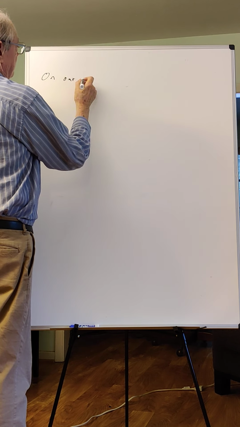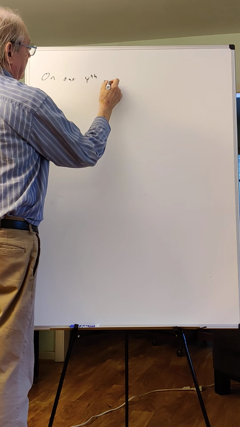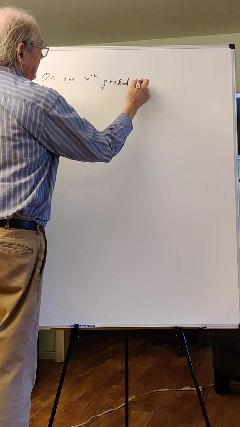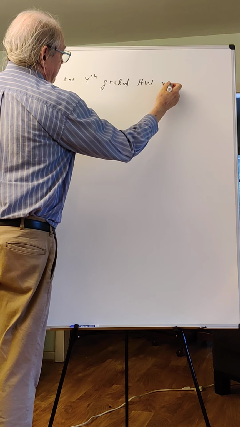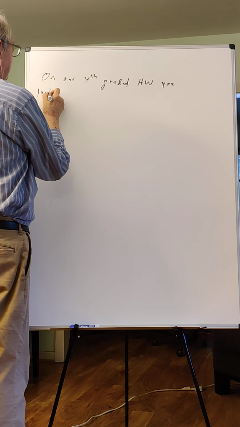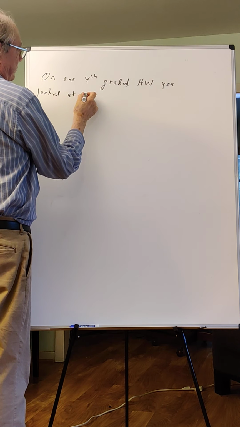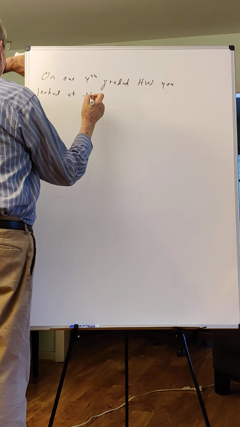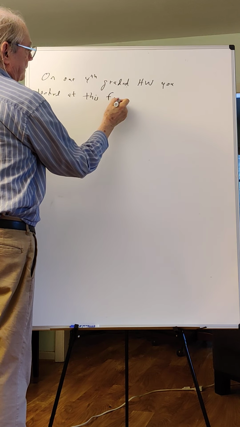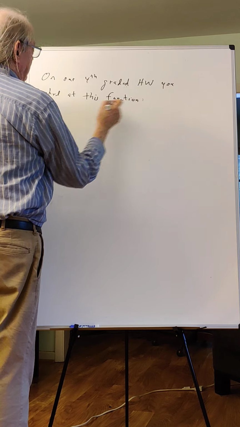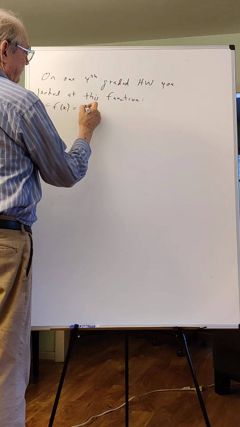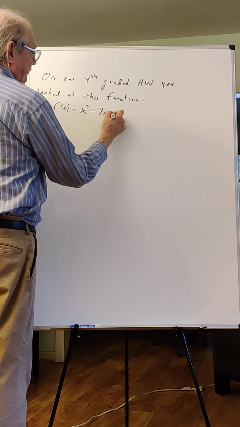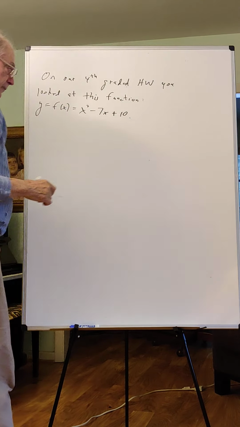You looked at this function: y equals f of x equals x squared minus 7x plus 10. So you made a table of values and you graphed the function. So this is an example of a quadratic function.